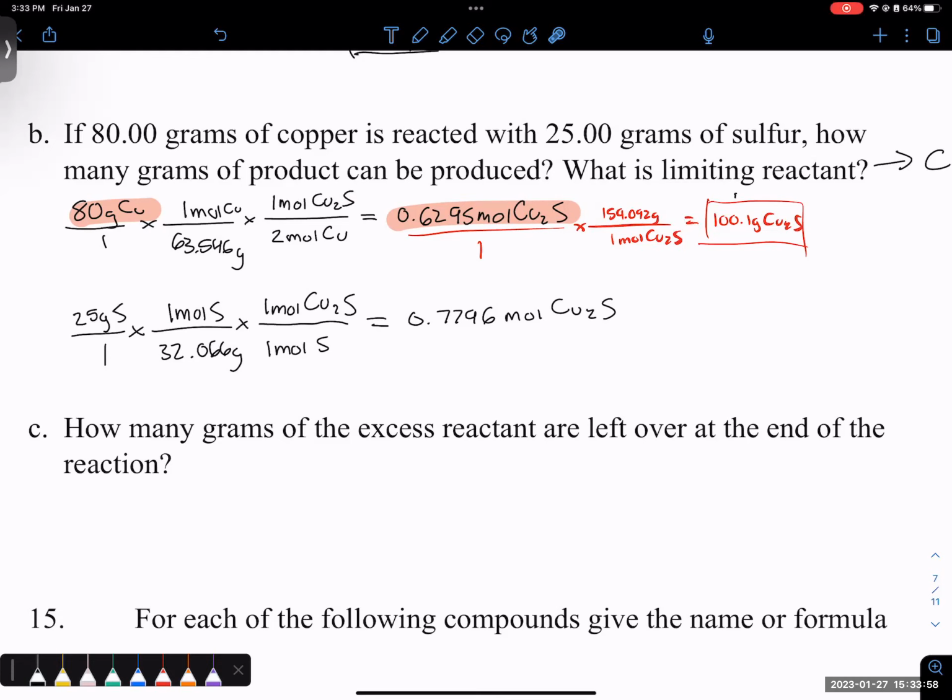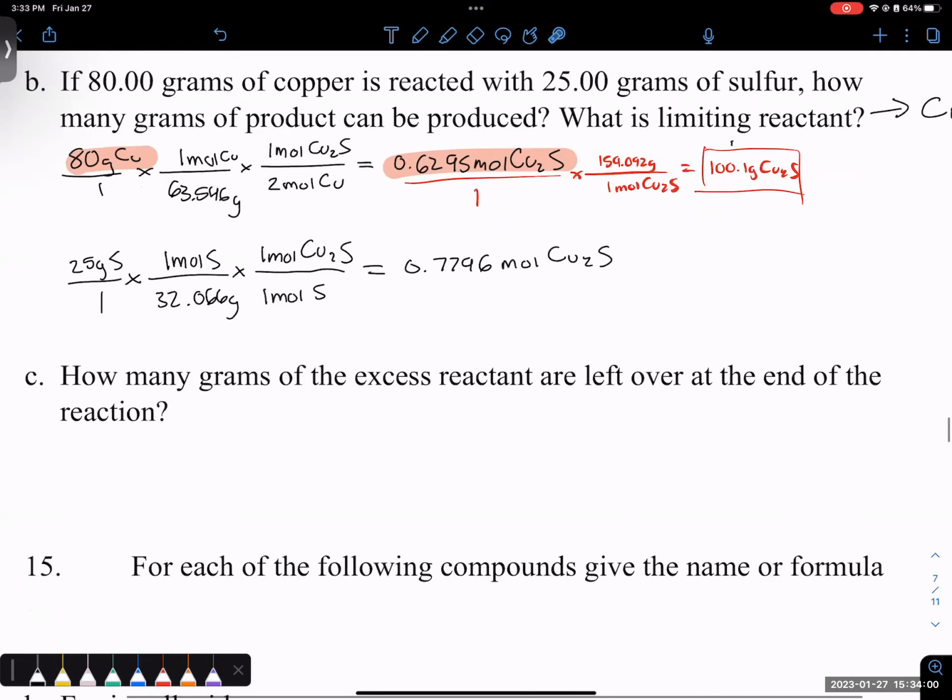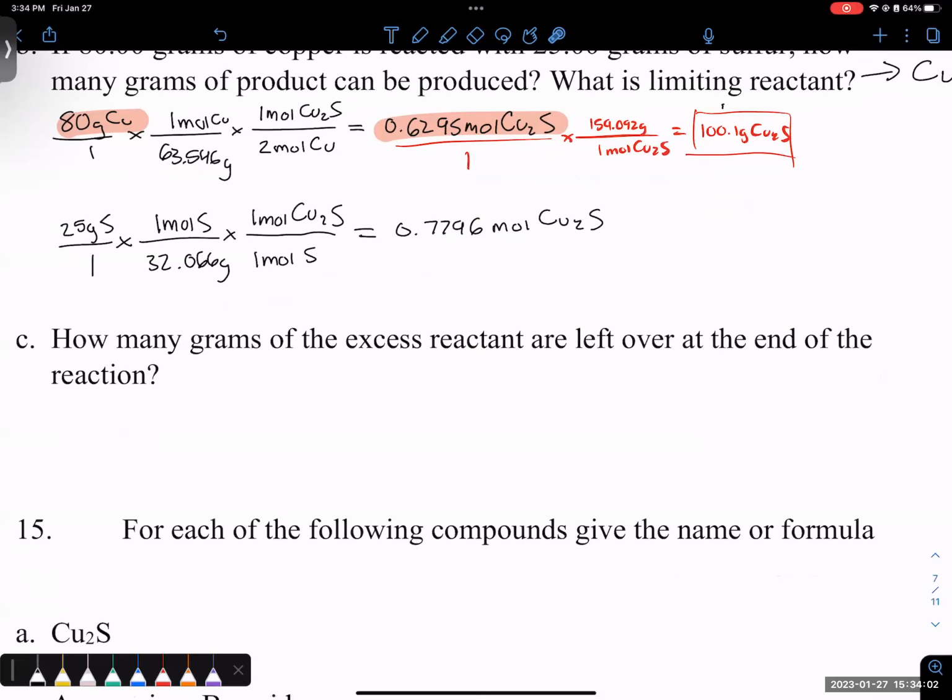That doesn't always happen though. So now it's asking how many grams of the excess reagent are left over at the end of the reaction. We already said copper is the limiting reagent, which must mean which one is the excess reagent? Sulfur. So we care about sulfur.